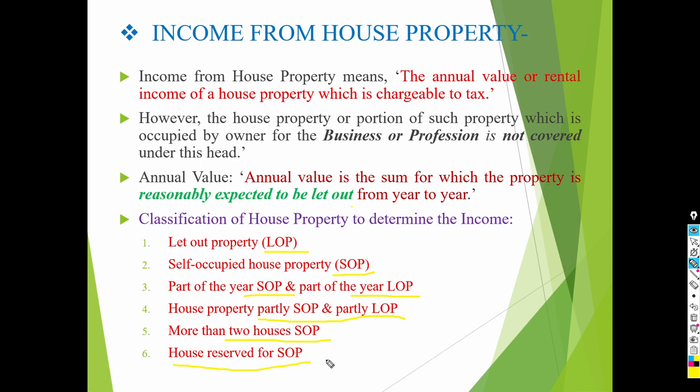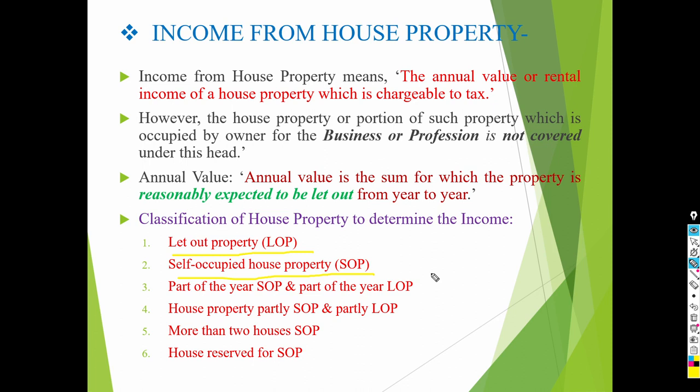At the time of computation of income from house property, you have to study 2 main types, that is let out house property and self-occupied house property. Pro forma of let out house property and self-occupied house property we will study in the next video.